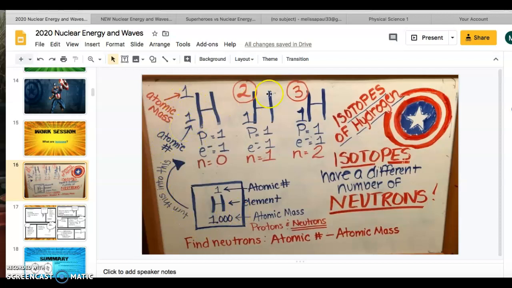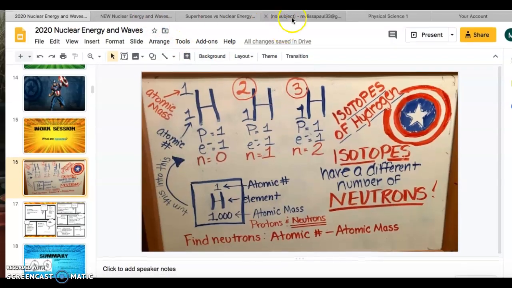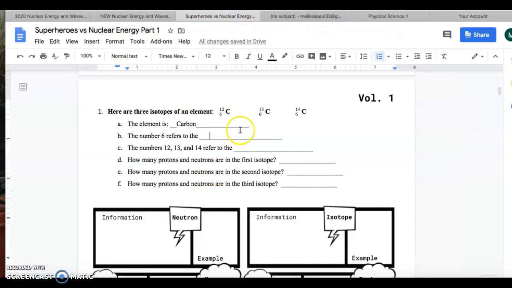The atomic number tells us our protons. So I'm going to come back to our packet here. So the number 6 refers to the atomic number. So that means if this is the atomic number, 12, 13, and 14 are going to be your atomic mass.